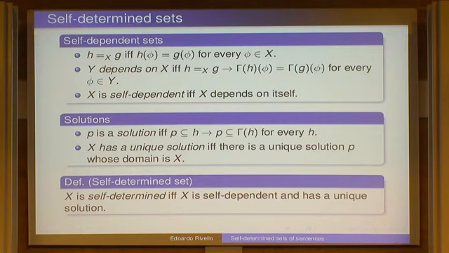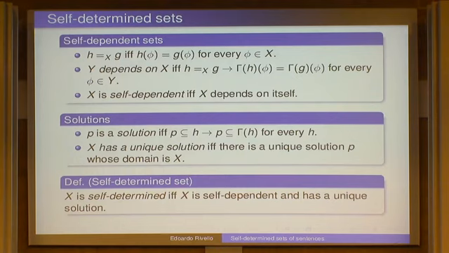The first feature is based on the notion of dependence. So we say that the truth value of a sentence phi depends on a set X if for every 2 total interpretations of the truth predicate which agree on X, the Tarskian operator gives the same truth value for phi.